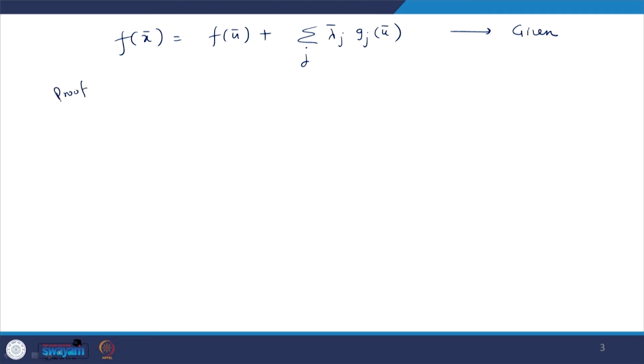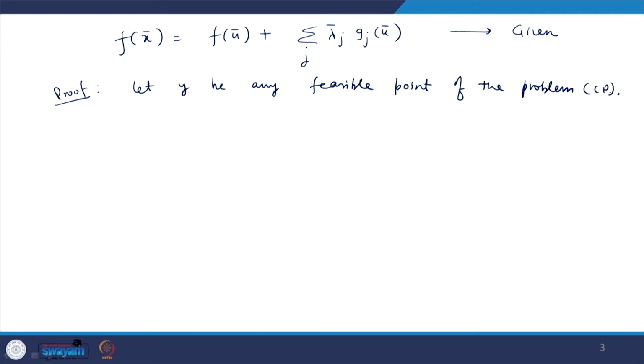Proof: let y be any feasible point of the problem C p. Okay. So, we need to show that f x bar is less than or equal to f y.